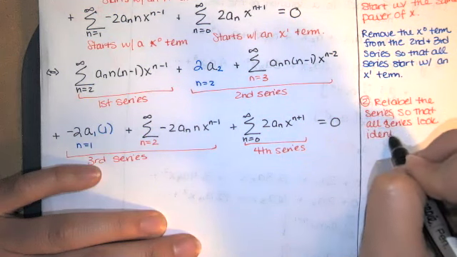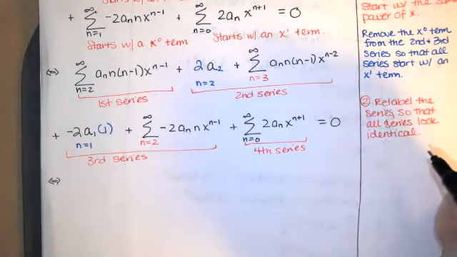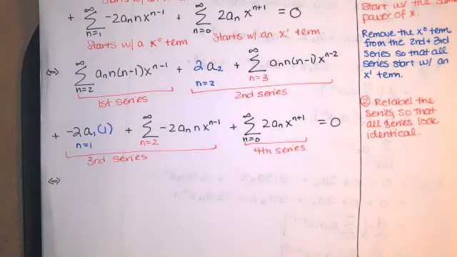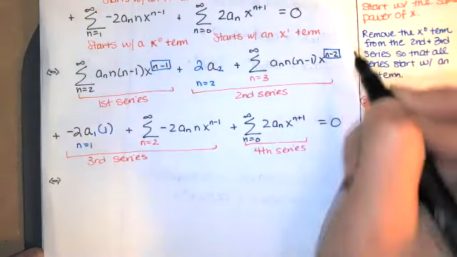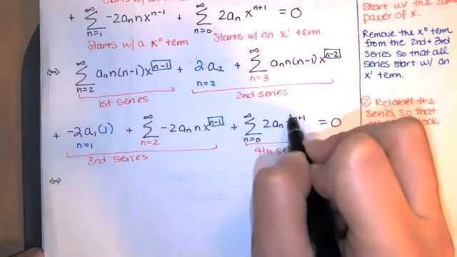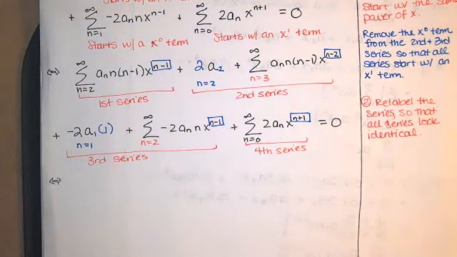So I'm going to say identical. Basically, we want the exponents to look the same. We want the exponents to be identical. So I'm focused on this exponent, this exponent, this exponent, and this exponent, and I want them all to look the same. I want to have the exact same pattern.